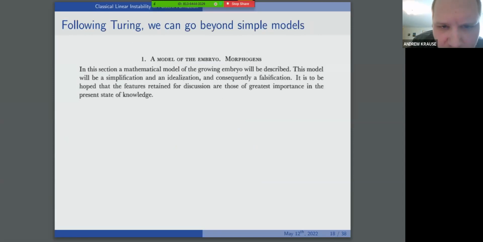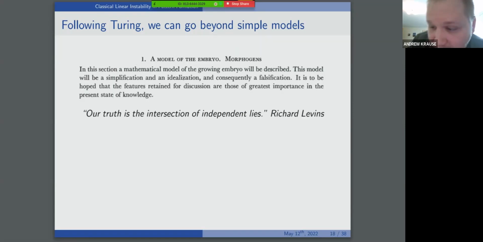Okay, so I want to mention this bit of Turing's paper where he says this model is a simplification, an idealization, and consequently a falsification. So Turing had this really humble opinion of his work, I think, that it really was the first step, and he was aware of quite a lot of complexity, quite a lot of mechanics that are neglected, quite a lot of other important physical processes in developing these kinds of simple models.